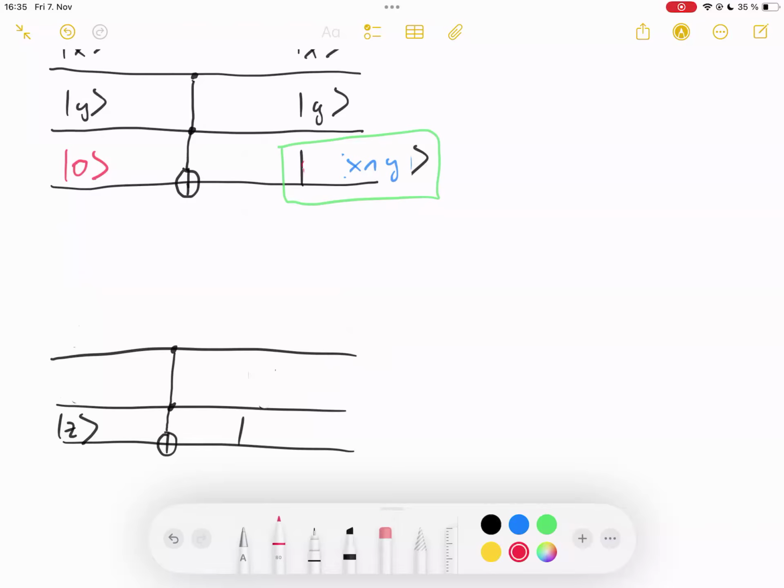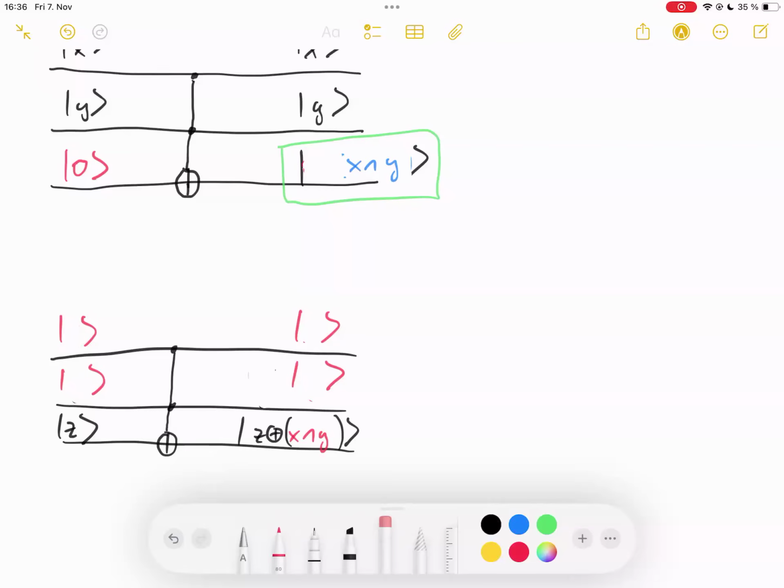Put this here in red as well, X and Y. And what we want to calculate, as you remember, is Z XOR X and Y. But now I want to change X and Y. I don't want to feed in variables, but rather fixed values.